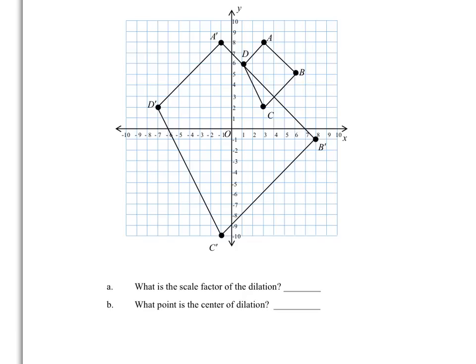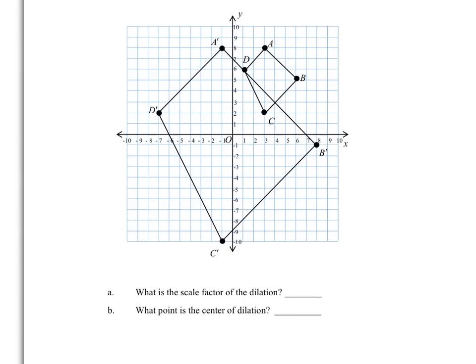To go from point C to point B, I'm going up 3 and over 3. So I'm going to look at how many times I can do that to go from C prime to B prime. So up 1, 2, 3 and over 1, 2, 3. That's once. Up 1, 2, 3 and over 1, 2, 3.